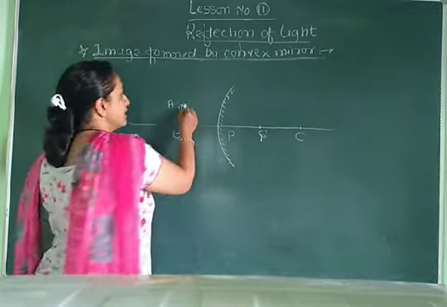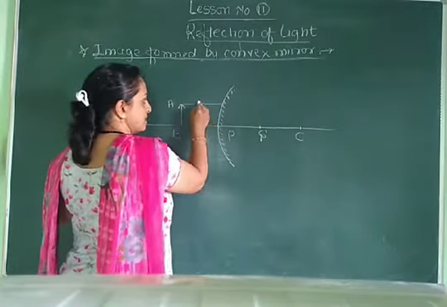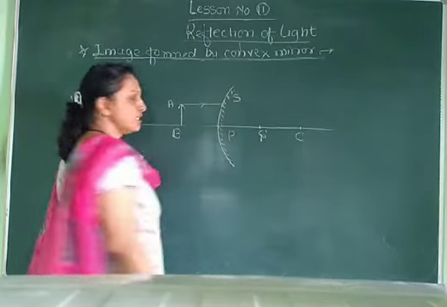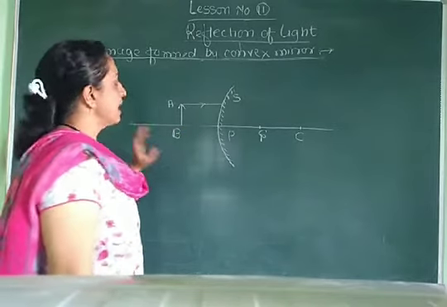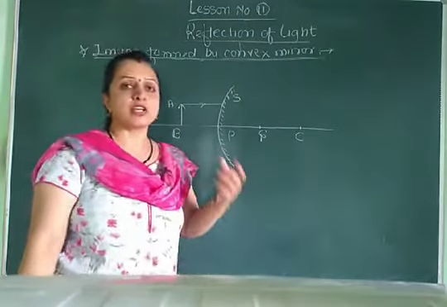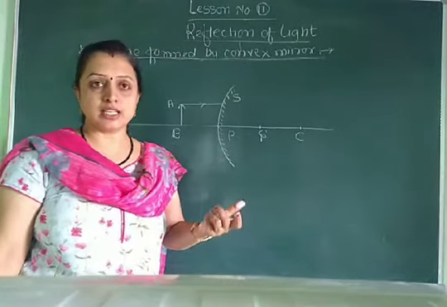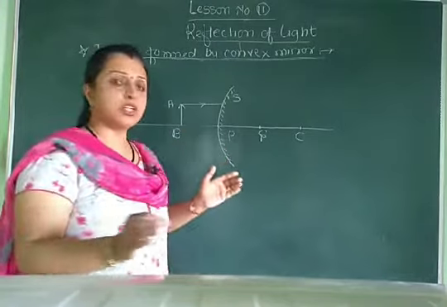So consider this is a ray which is parallel to the principal axis. This ray is AS, parallel to the principal axis, and after reflection, since a convex mirror is also called a diverging mirror, it will move away.